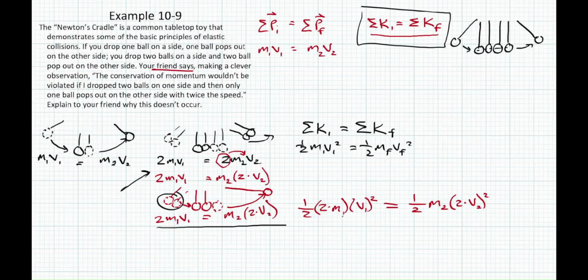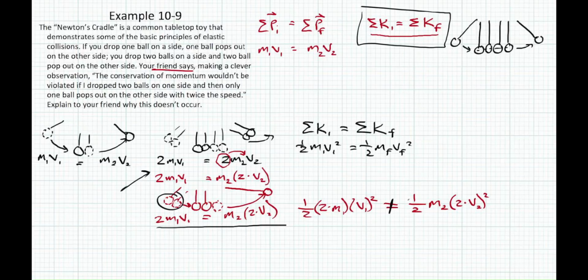Because look, we've doubled the velocity here, but that's squared. Here we've simply doubled the mass, and it's not squared. So the fact that you've got this square right here, that throws that whole equation out of balance. And so it is not true. It is not equal.